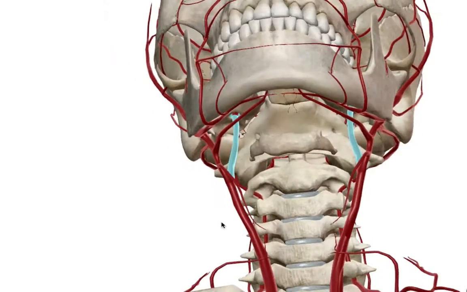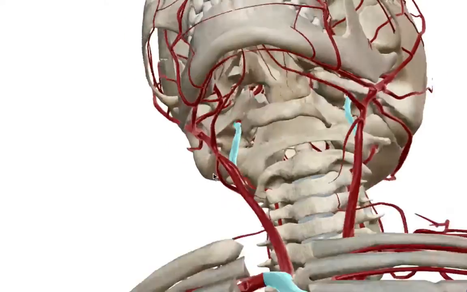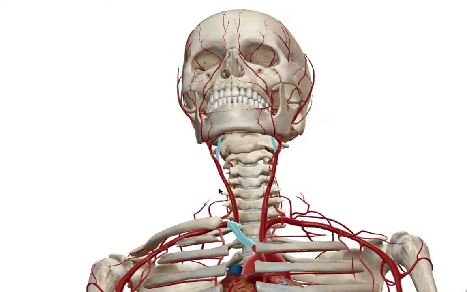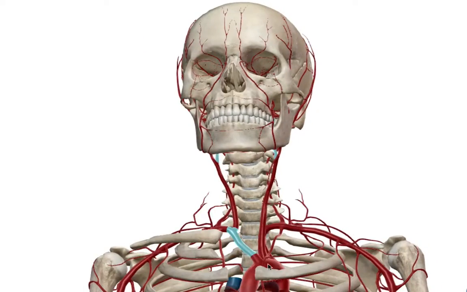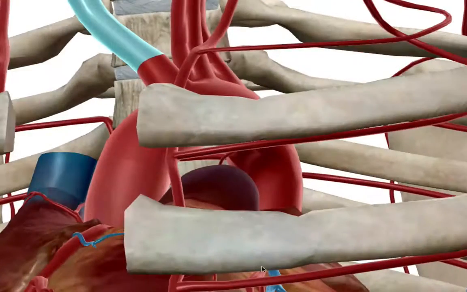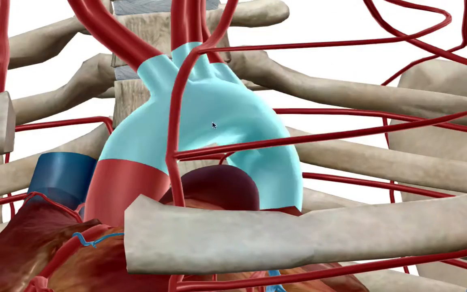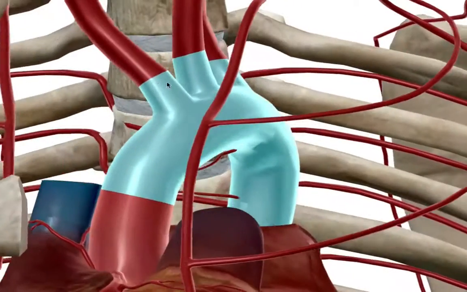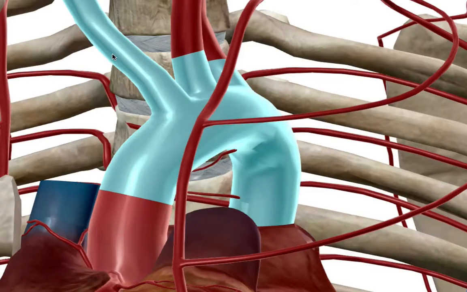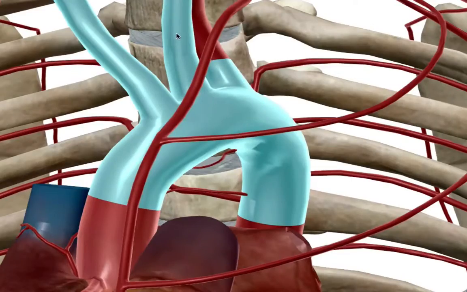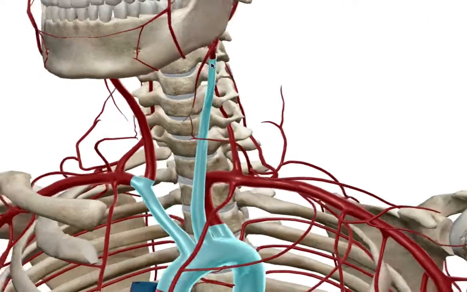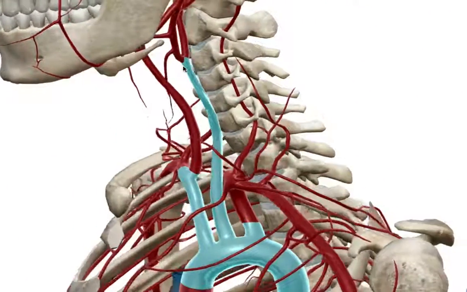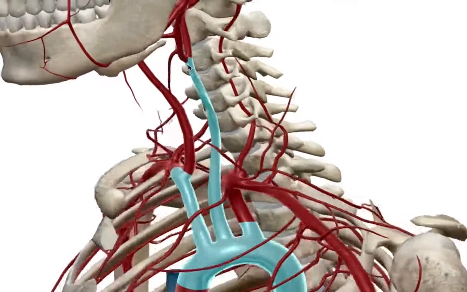So as we go down and go back and look at our aortic arch, we just completed our brachiocephalic trunk, and now we're going to discuss our left common carotid, which, just like our right carotid, has the same features.